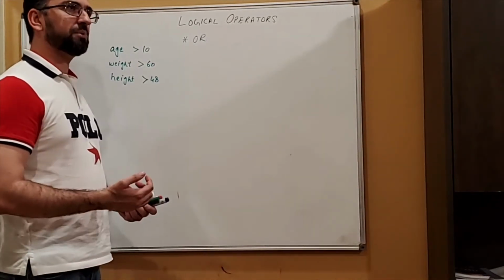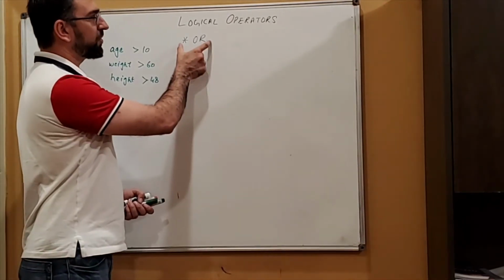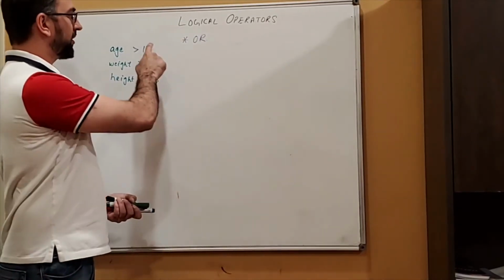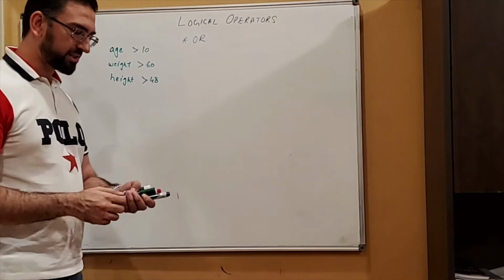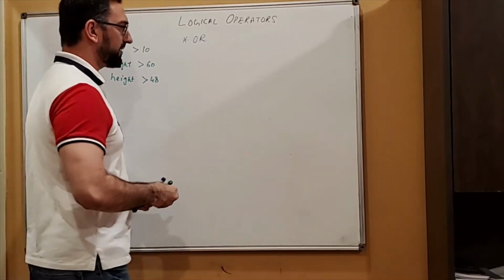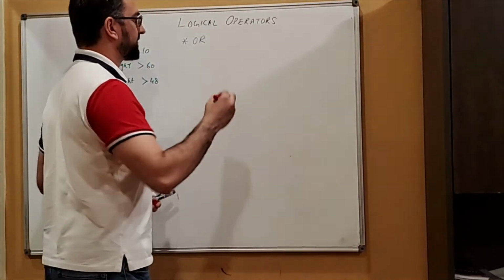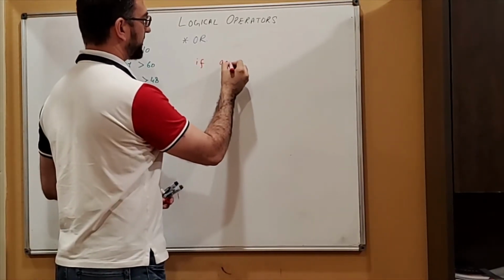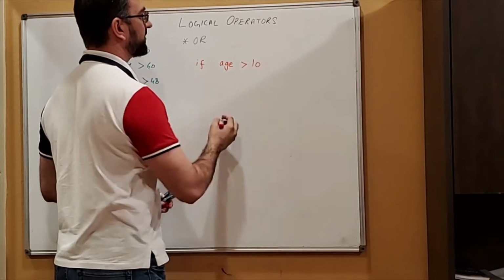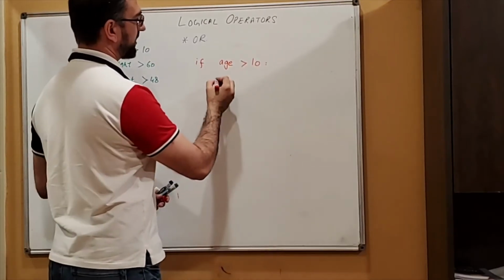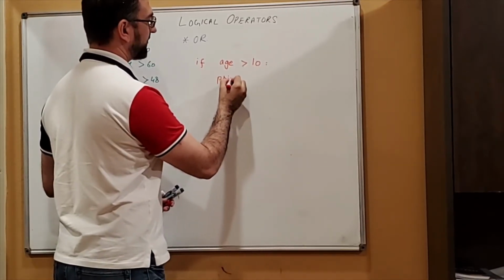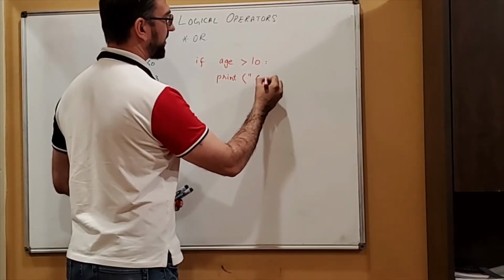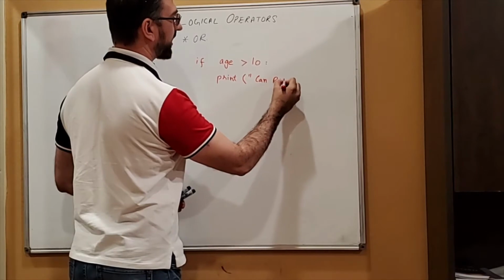Let's take an example and consider that we do not have this logical OR operator. How are we going to write this logic using just the if-else blocks? In this case, we will have an if statement which says age is greater than 10. If this criteria is met, we'll go ahead and write can ride.